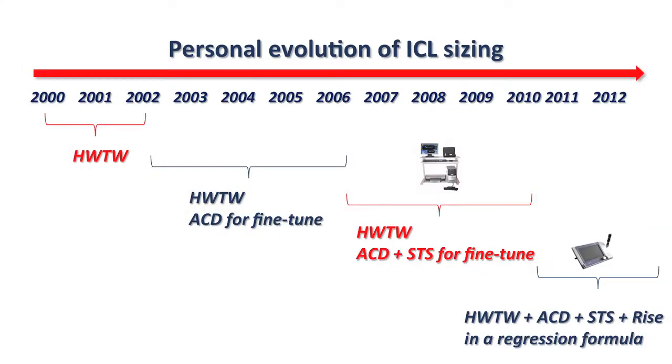So, my personal evolution of ICL sizing: in the first years I used to do it with the white to white, with the STAAR software. Then I also implemented the ACD for fine-tuning this measurement. Since 2006 I started using the UBM with the Bumax 2 of Sonomed, and I did that for some years.